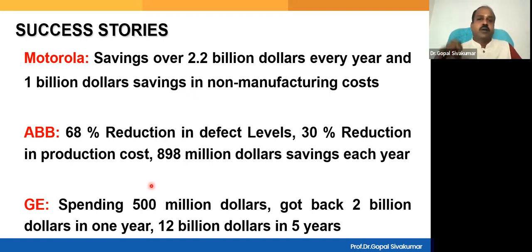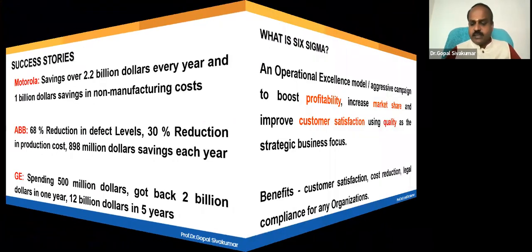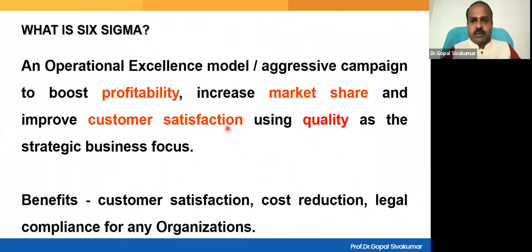If you want to float, let's say, 10 projects, you need at least 30-40 green belts. Now, the cost of developing 30-40 green belts is a one-time investment, but the training cost and the project execution cost will be there. So spending $500 million, General Electric got back $2 billion in 1 year and then $12 billion in 5 years. These are all the numbers picked up from the balance sheets of those companies.